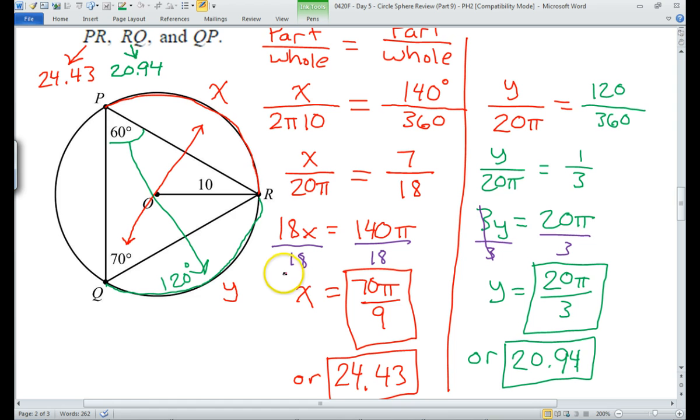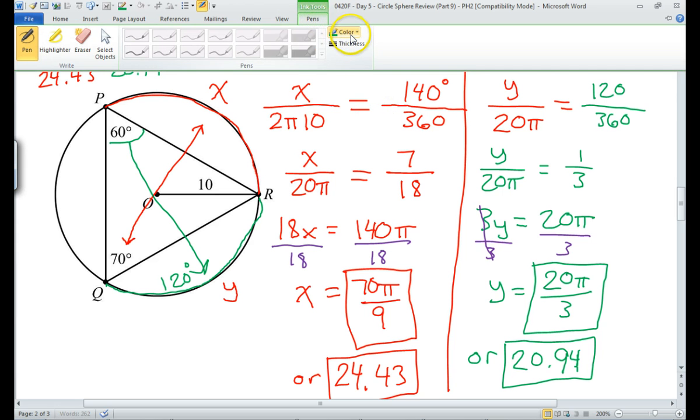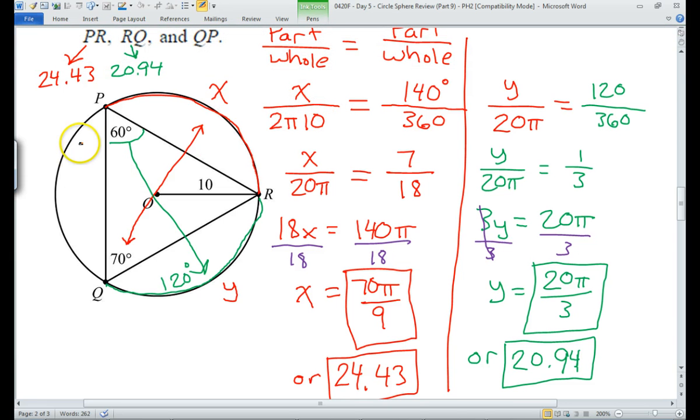Now, if I wanted to find the remaining length of QP, I could do a similar part over whole thing again. First, I'd have to find the remaining angle by subtracting these two from 180, but then I could do the whole thing again. But if I'm slightly more clever than that, which I am, then there's a quicker way to do it.